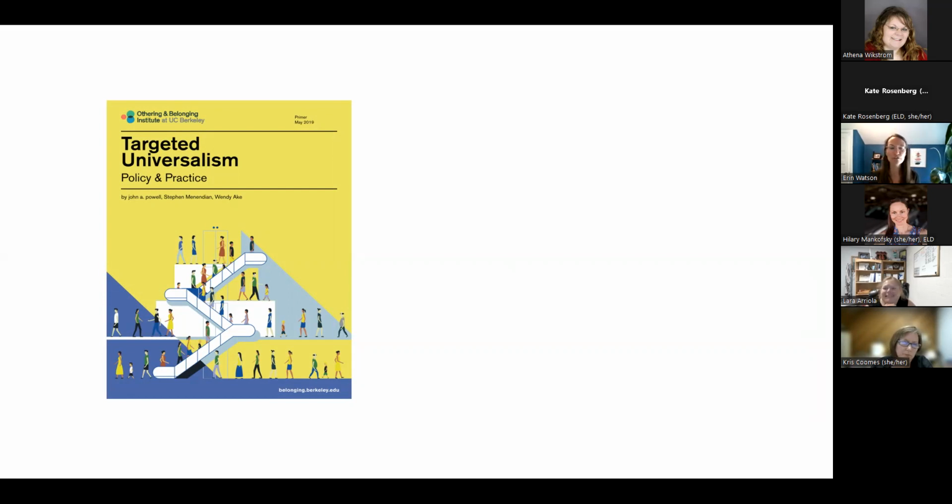So targeted universalism basically says, okay, let's start with the priority populations in mind. How do we design this strategy so it takes into account their unique needs and constraints? Start there. Then once you have some strategies designed, you step back and say, how can we expand upon that strategy to simultaneously benefit as many other people as possible?